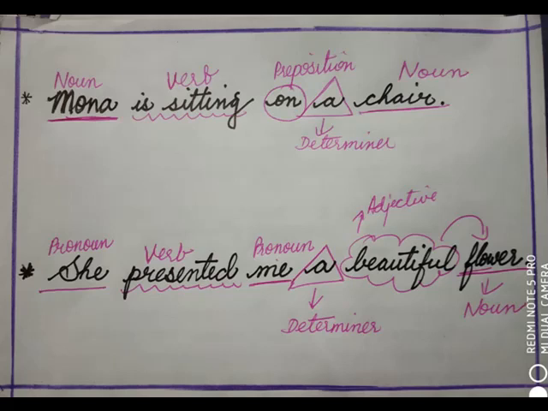The word beautiful is talking more about a flower. And in this sentence we have two pronouns. The word she is the third person pronoun, whereas me is an objective pronoun. Okay, now I hope you have understood how each word falls in all these 9 categories.